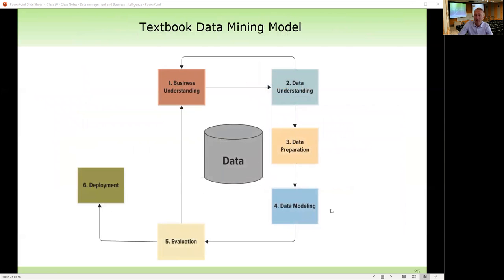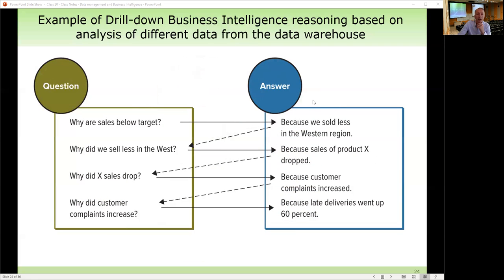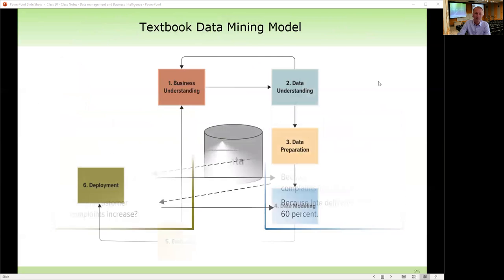So that's an example of an inquiry process where we look at different questions, we analyze the data in order to find the answer. And that is a process of business intelligence reasoning, if you want, or drill down business intelligence reasoning, it's formally called.